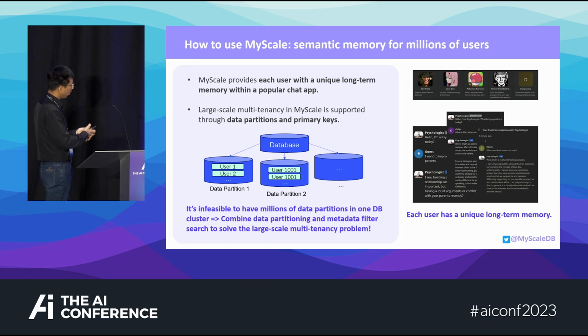In a vector database, it is infeasible to have millions of data partitions, right? It's infeasible if you want to search across multiple partitions. So here we do a two-dimensional partitioning: first partition by user ID, and then within each partition, we use a high-performance metadata filter search to solve the large-scale multi-tenancy problem.